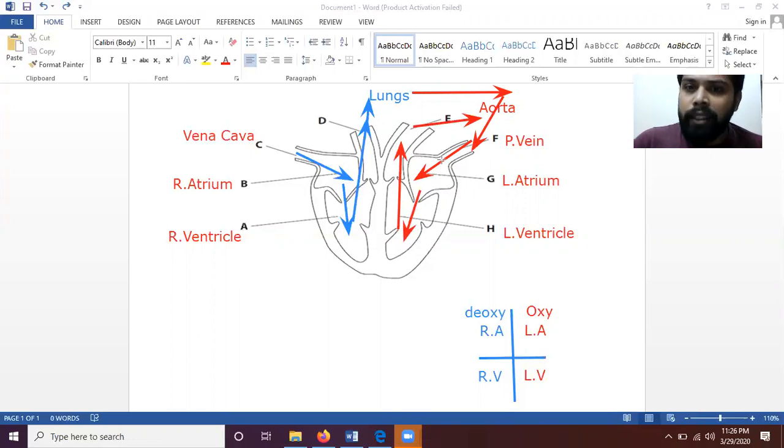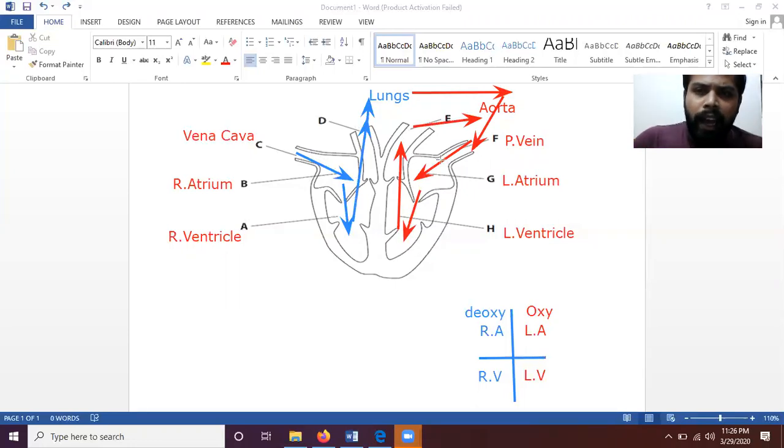Because of that, our heart has a double circulatory system. You get my point? That is the overview of how the blood circulates through the heart. What I've shown with the blue arrows is the path of the deoxygenated blood, and the red ones are the path of the oxygenated blood. Do you get my point?